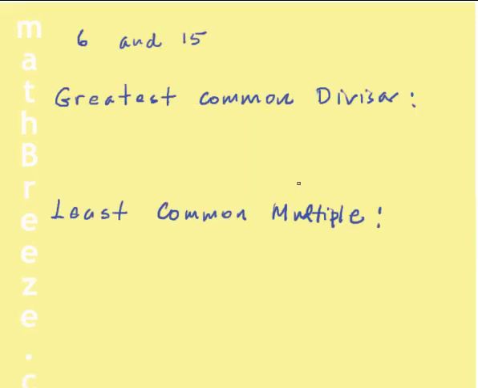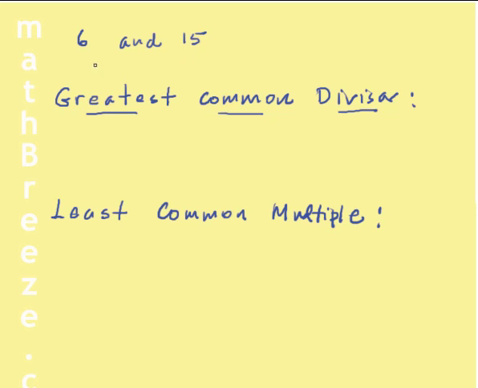We're going to start with a little bit of vocabulary. Let's look at these two numbers, 6 and 15, and we want to find their greatest common divisor. A divisor is a number that divides evenly. Numbers that divide evenly into 15 would be, let's say, 3 and 5. Now we want the greatest common divisor, that is, the largest number that divides both 6 and 15.